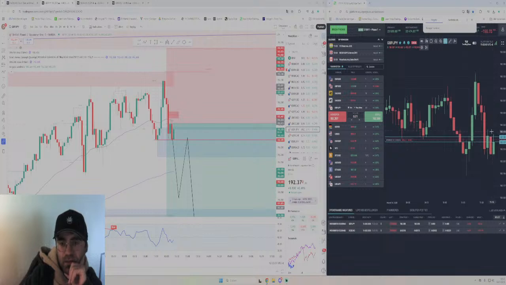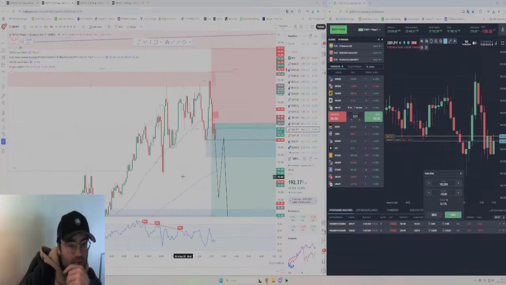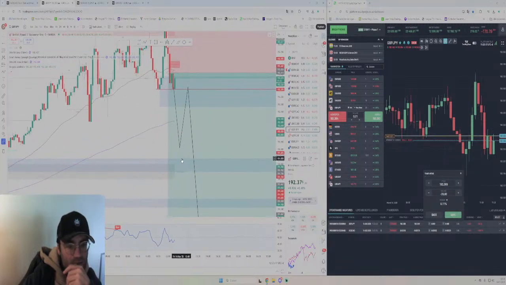So I can't put my stop loss super tight already, because if I actually get stopped out, it's a rule break. So I need to be in this one for at least 2 minutes, but let's just put a TP for the sake of it already.